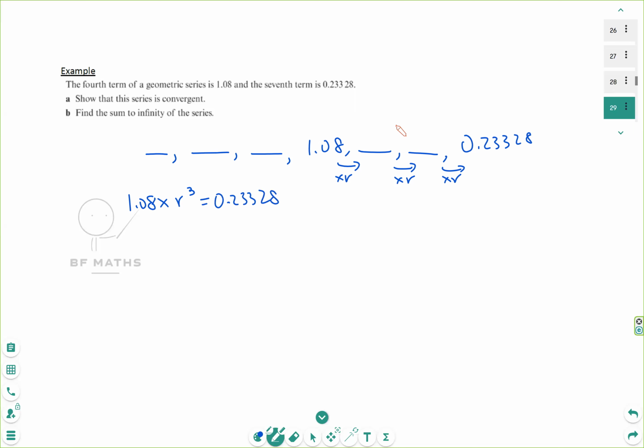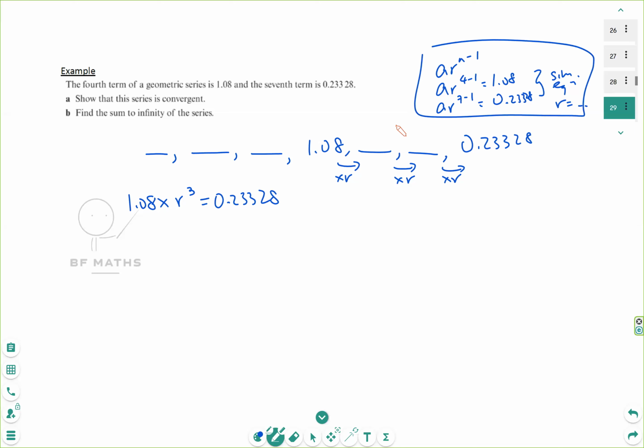Alternatively, you can also use AR to the power of n minus 1, and I will give you a small hint. You can do the fourth term, AR to the power of 4 minus 1, which is 1.08, and AR to the power of 7 minus 1, which is 0.23328, and then solve simultaneously to find R. But you can see that's a long way round.